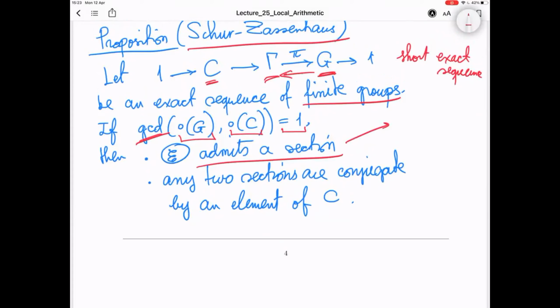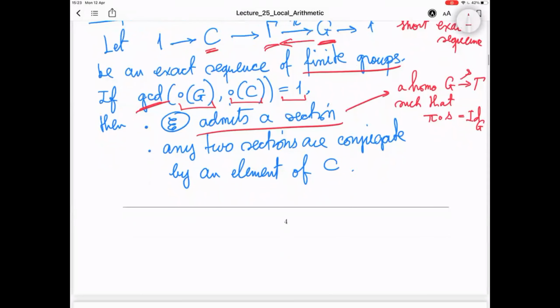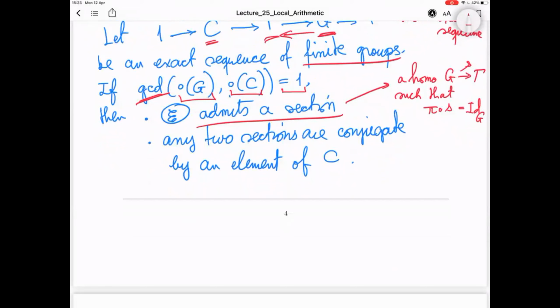So a section is a homomorphism from G to gamma, let's call it S, such that if I apply S first and then apply this pi, I get back the identity of G. So some short exact sequences admit sections.